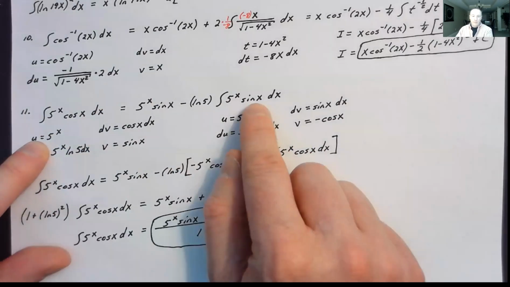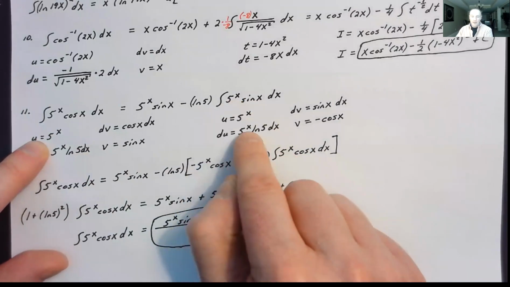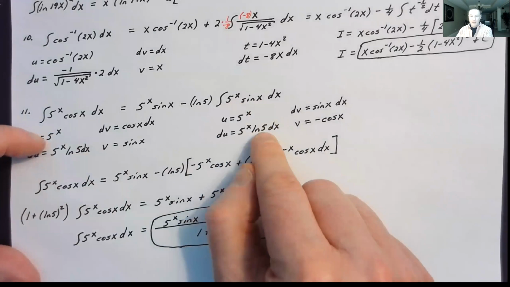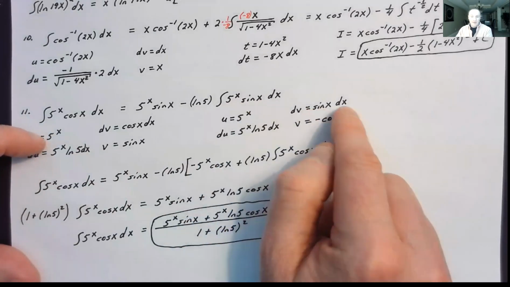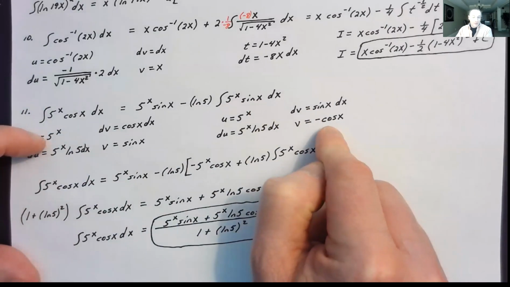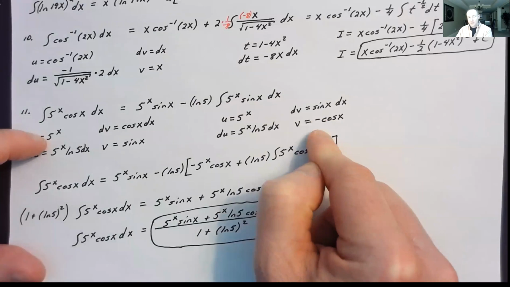So I'll say, okay, then let's let u equal the exponential function 5 to the x. Yet again, du is 5 to the x, natural log of 5 dx. This time dv is the sine of x dx. The integral of that is going to take me backwards to the negative cosine function.